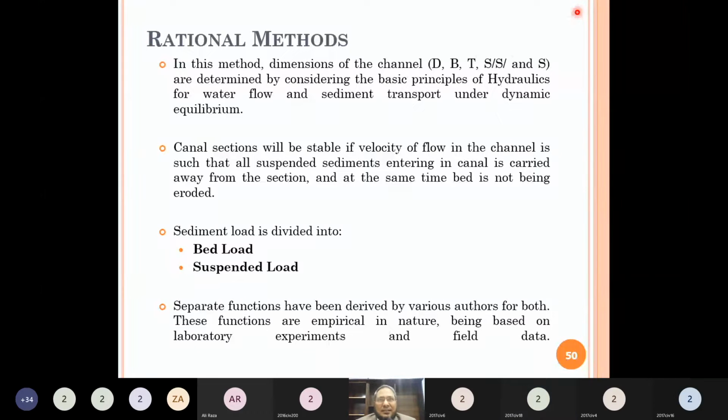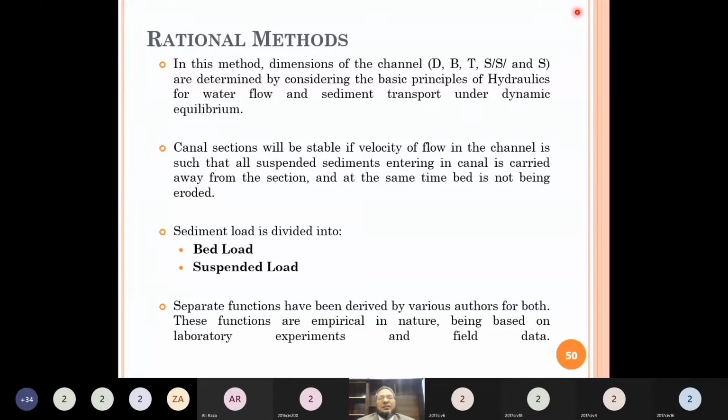In case of unlined channels, what are the two main problems which we have to address while designing? Seepage. Okay, there are two main problems. Number one is deposition of sediments, and number two is scouring.